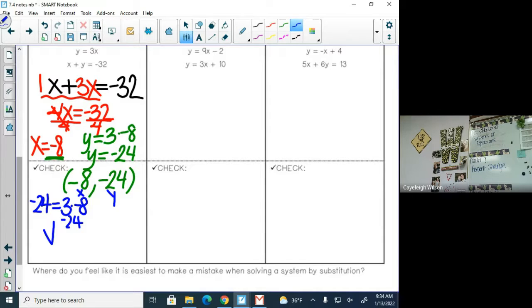So I'm gonna go back and I'm gonna check it in the other one. So x plus y, well, x is -8, plus y is -24 equals -32. What is -8 plus -24? -32. So I know that this is the right answer, 100%.